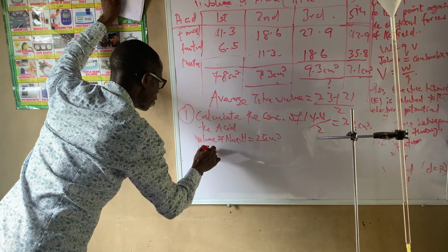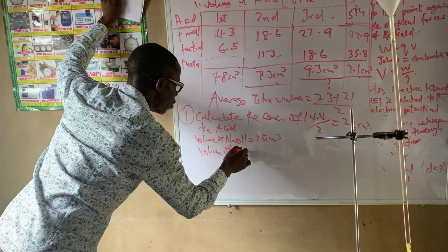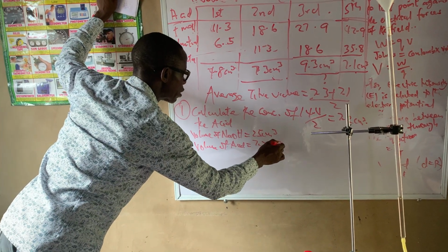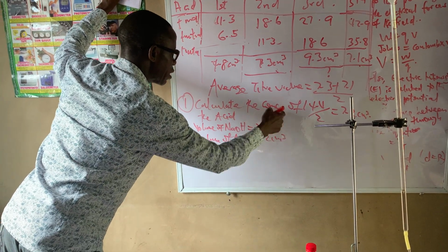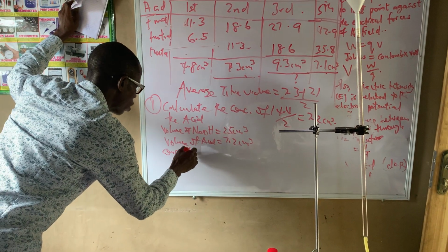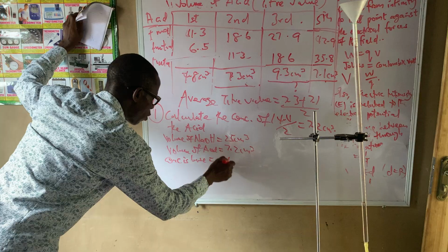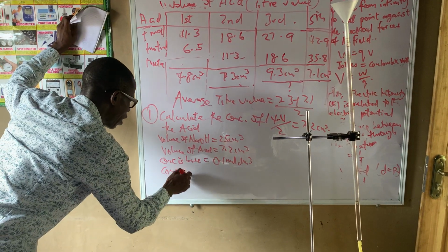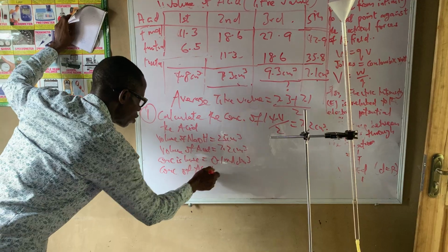What's the volume of the acid? Your acid is your titre value, 7.2 centimeter cube. Now, the concentration of the base is known, which is what? 0.1 mole per dm cube. So we want to calculate now the concentration of the acid, which is unknown.